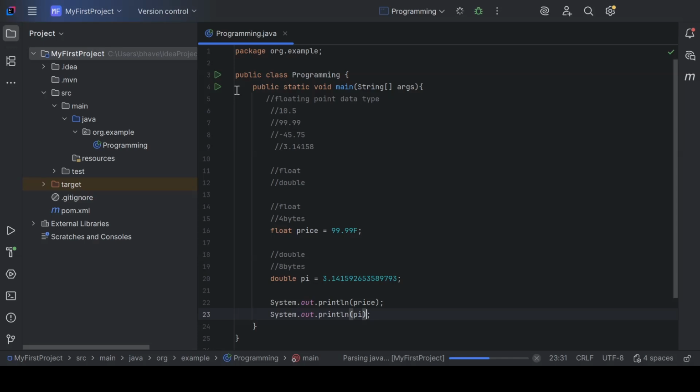So let's quickly summarize what we learned. Floating point data types are used to store decimal numbers. Java provides two floating point data types, float and double.